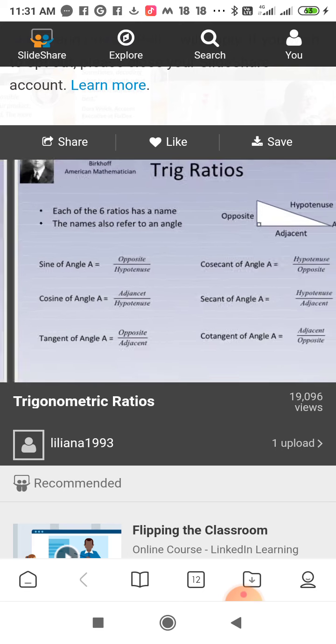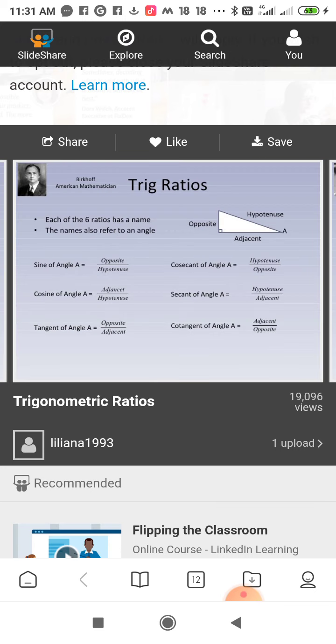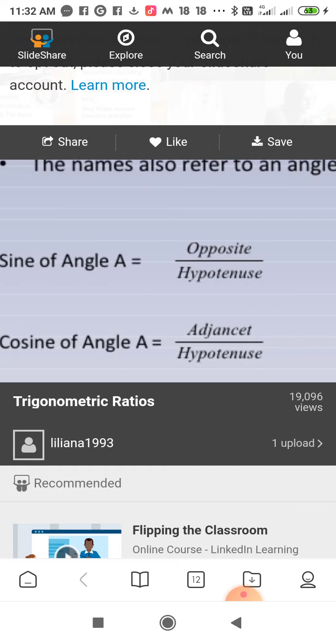Opposite side upon hypotenuse is called the sine of angle A, where A is the angle mentioned. The opposite side of the mentioned angle is called the opposite side, the remaining is adjacent, and the hypotenuse is in front of the right angle. So this is sine A.